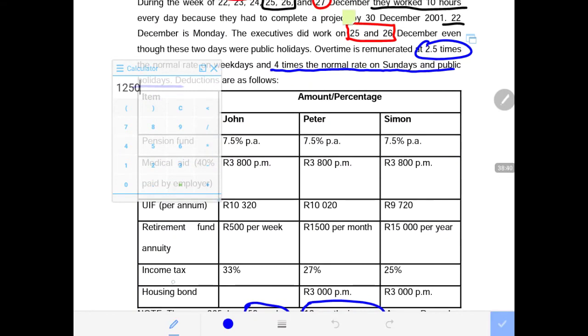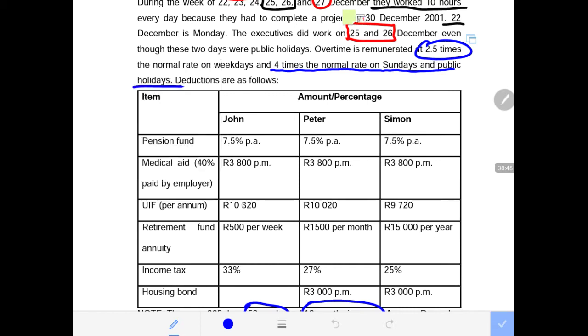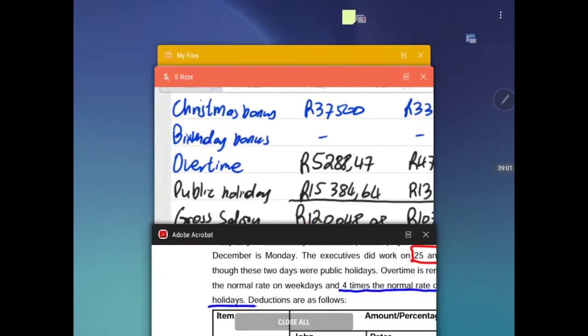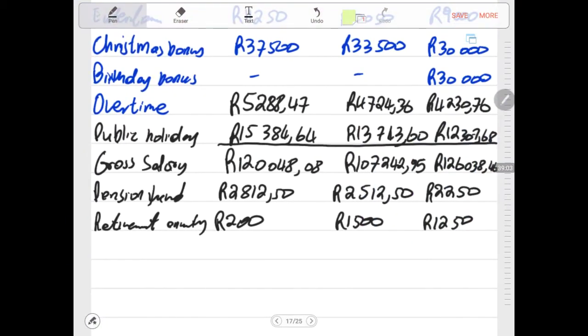So now we have the UIF, which is given to us. UIF, it is 10,320, 10,020 and 9,720, which are per annum UIF. What does that mean? That means, first of all, we need to deduct these two expenses.